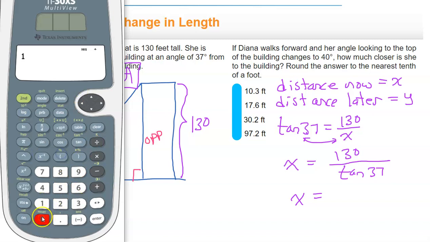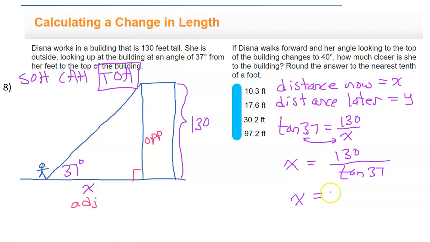Alright, so 130 over tangent 37. Alright, 172.5. Okay, so that is her original distance.